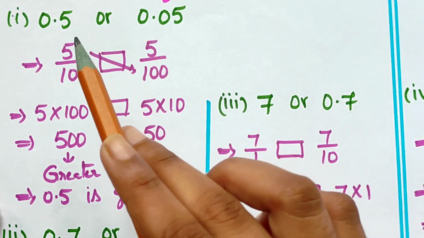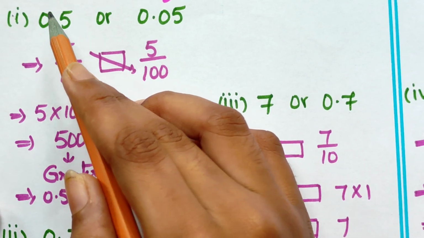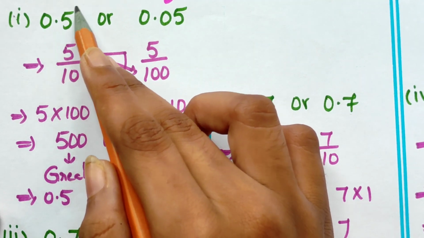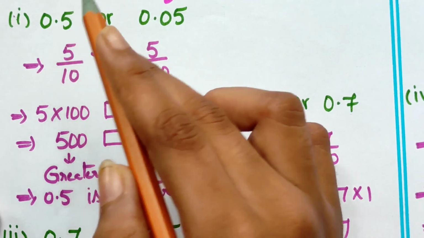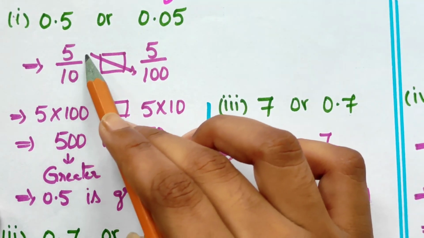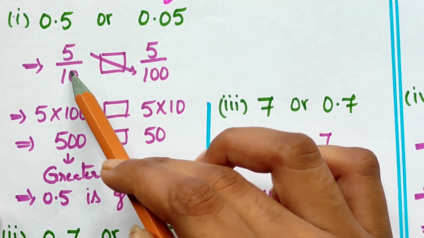0.5 can be written as 5 by 10, because the decimal is one digit before, so we should put 10.